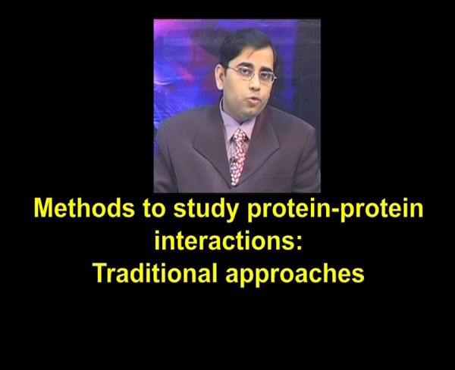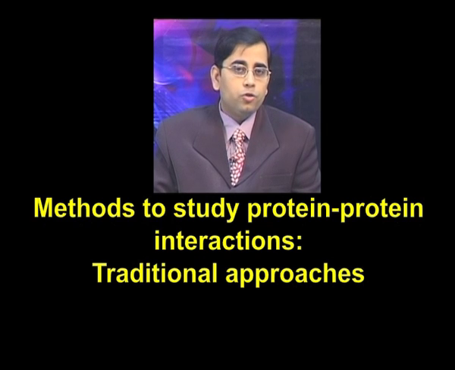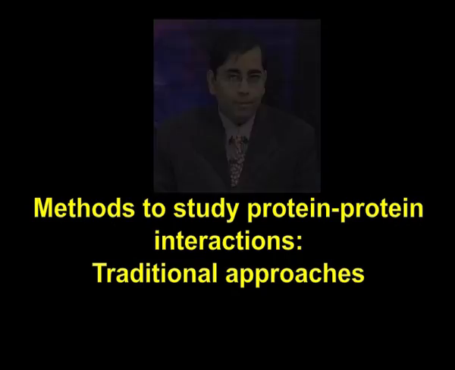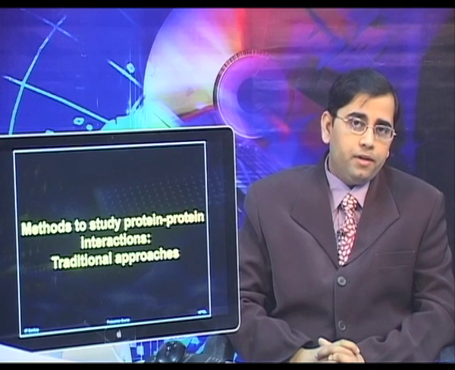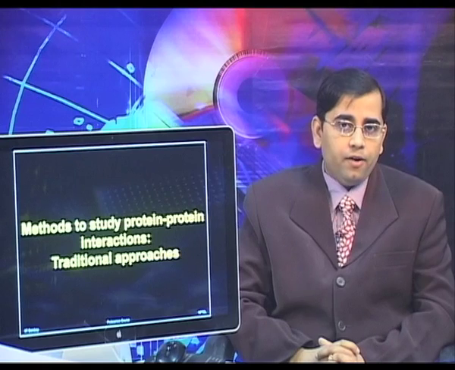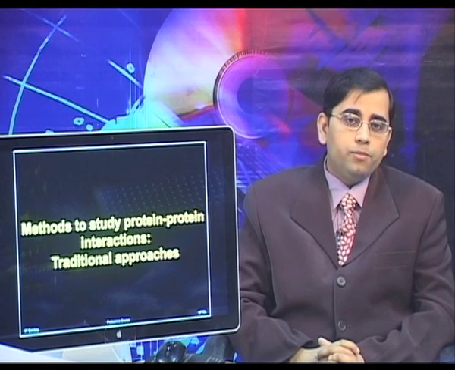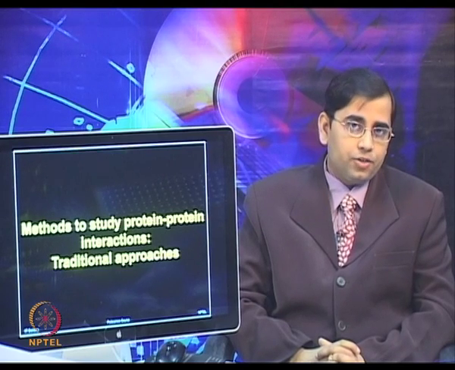These are Yeast-2 hybrid, also known as Y2H, and immunoprecipitation with mass spectrometry identification, also known as IP-MS. Both of these approaches have been used to identify thousands of novel interactions in different organisms, including human, C. elegans, Drosophila, etc.